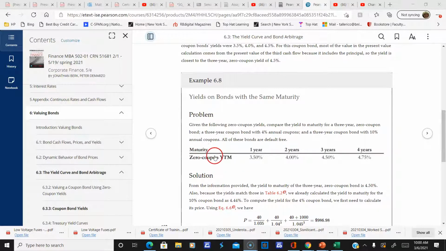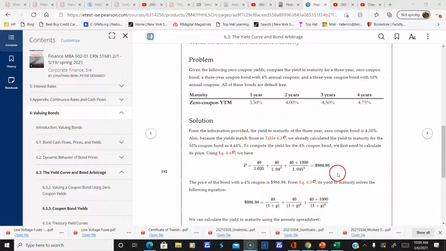So here are the zeros: a 1-year zero is 3.5%, a 2-year is 4%, a 3-year is 4.5%, and a 4-year is 4.75%. From the information provided, the yield to maturity of the 3-year zero coupon bond is 4.5%. See that right there? Also, because the yields match those in table 6.2, we already calculated the yield to maturity for the 10% coupon bond. So we did that already.